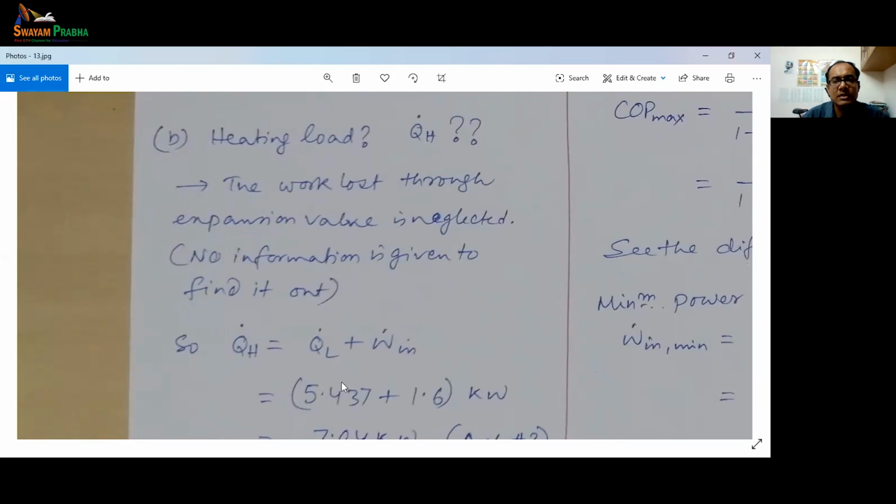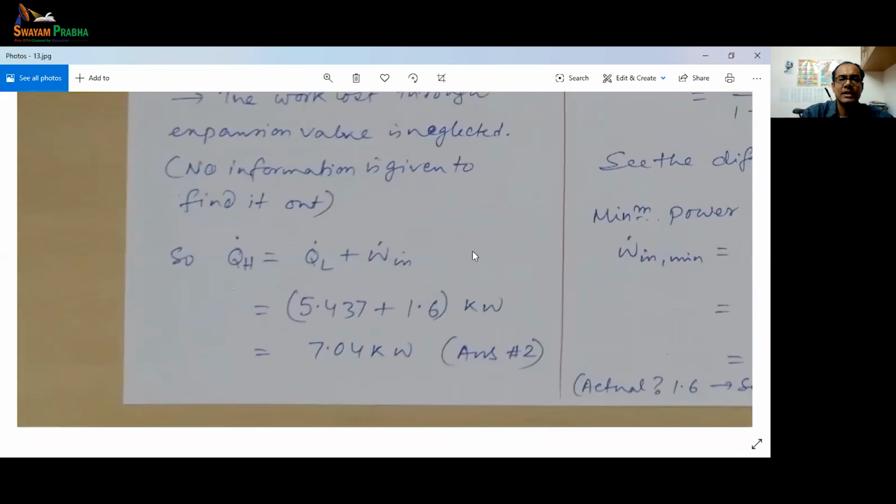You can apply the first law for the control volume around the whole thing, and you can see that the work lost through the expansion valve is neglected. Nothing is given, no information is given to find it out, and usually it is extremely small, that's why we can neglect it.